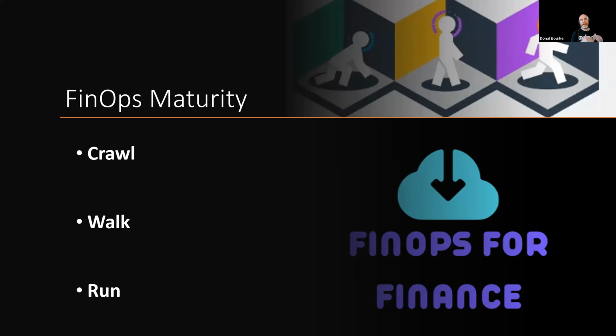This is where you start using maybe some more complex commitment tools such as convertible RIs, standard RI marketplace, for example, which are short-term commitments. This is where you're looking for that additional 10% to reduce your on-demand cost, which is another level of maturity.